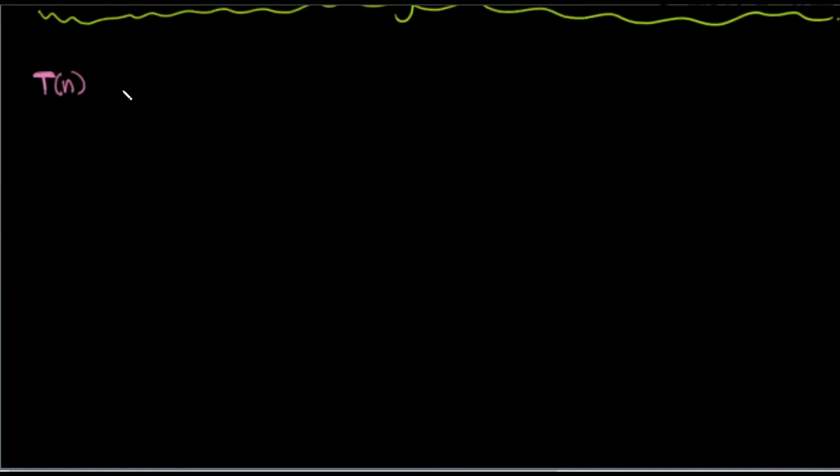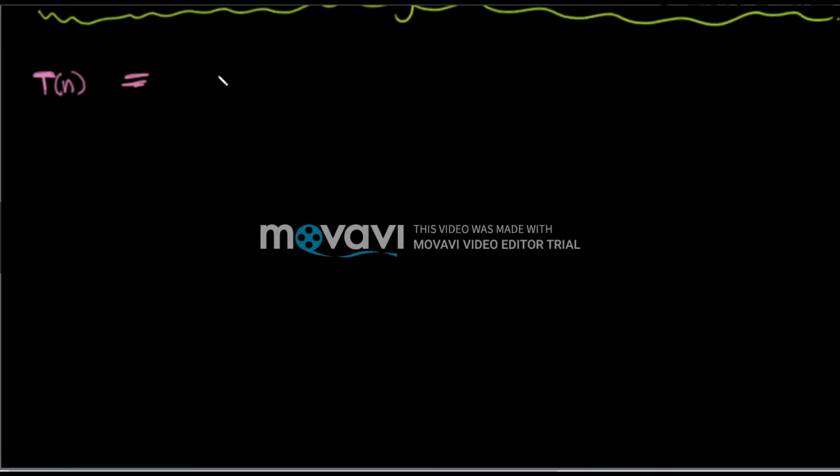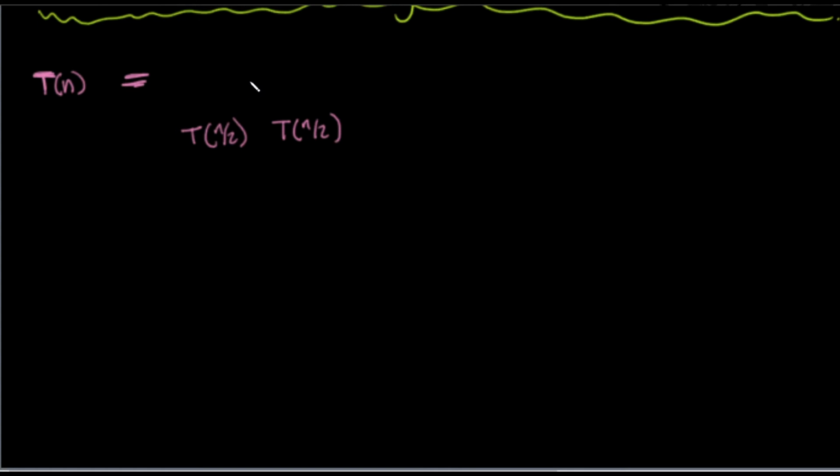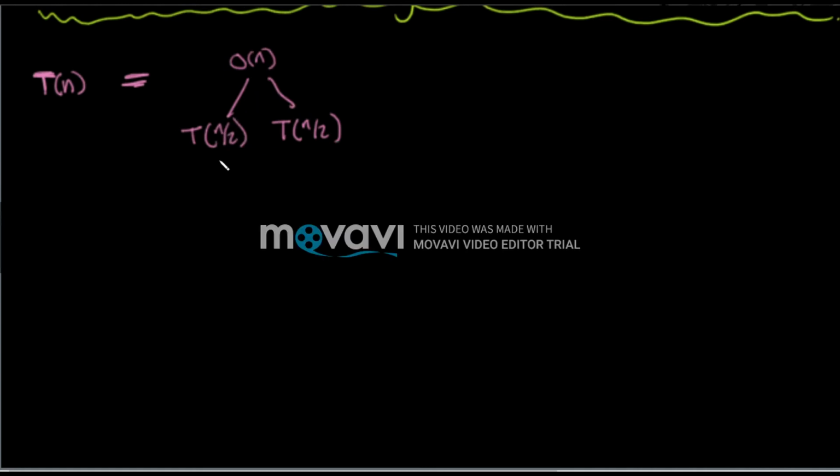What we're going to say is that the runtime of this is also equal to the runtime of two merge sorts, each of size n over 2, plus some local amount of work. So what I've drawn here is a node connected with two branches to two calls of T of n over 2.